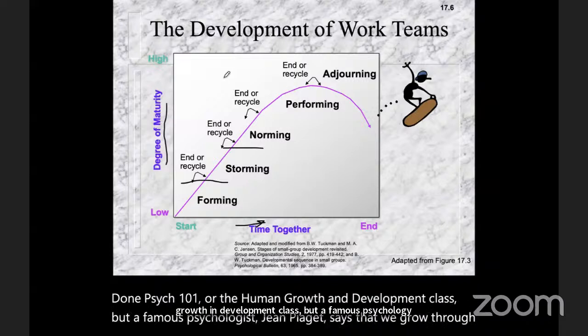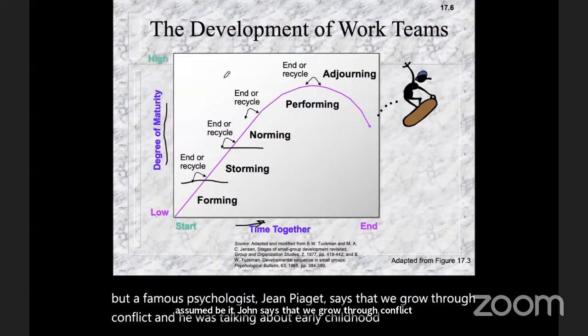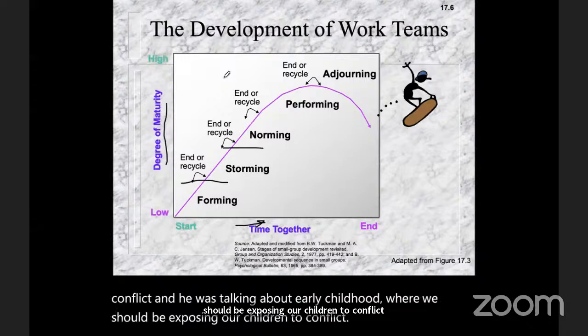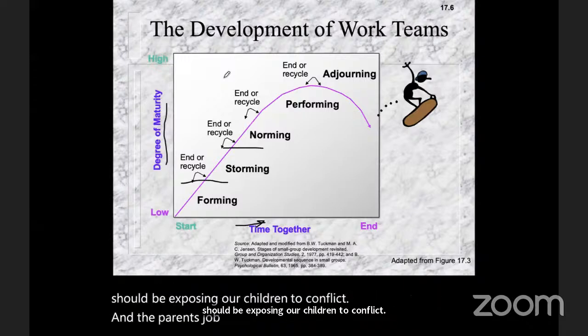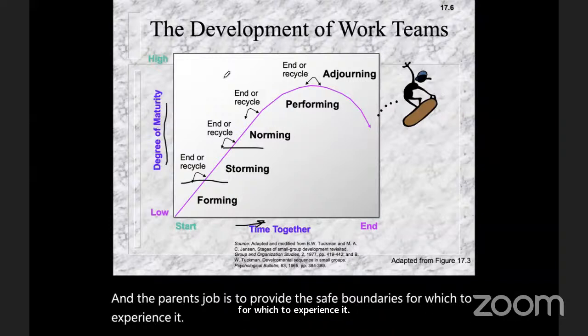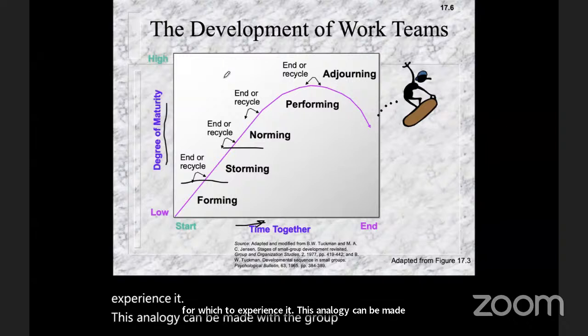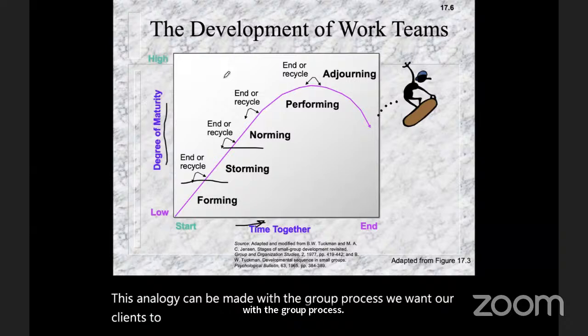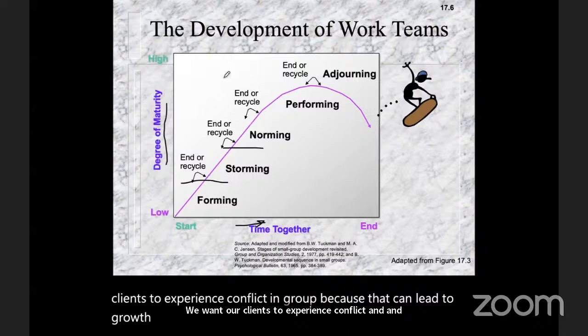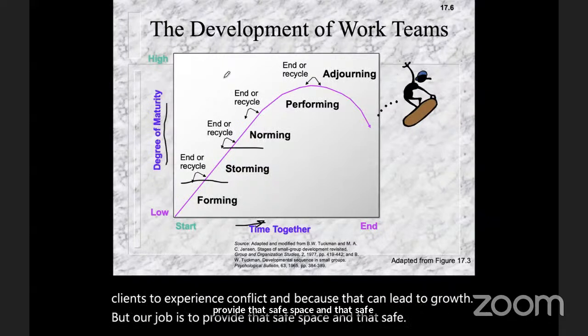And he was talking about early childhood, where we should be exposing our children to conflict and the parent's job is to provide the safe boundaries in which to experience it. This analogy can be made with the group process. We want our clients to experience conflict because that can lead to growth, but our job is to provide that safe space and those safe boundaries for that to occur.